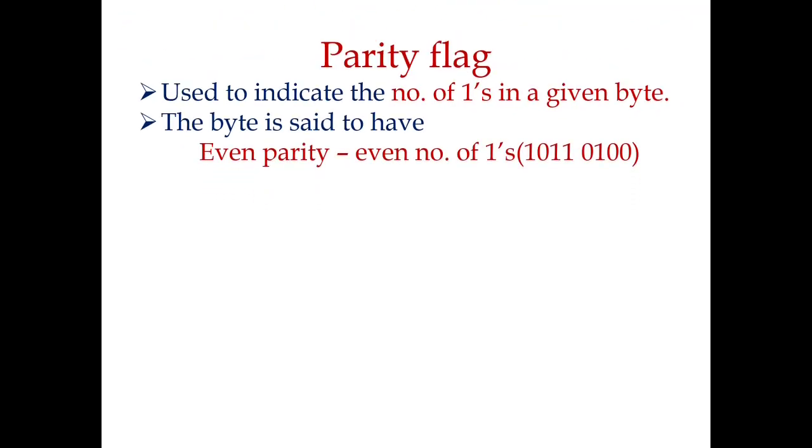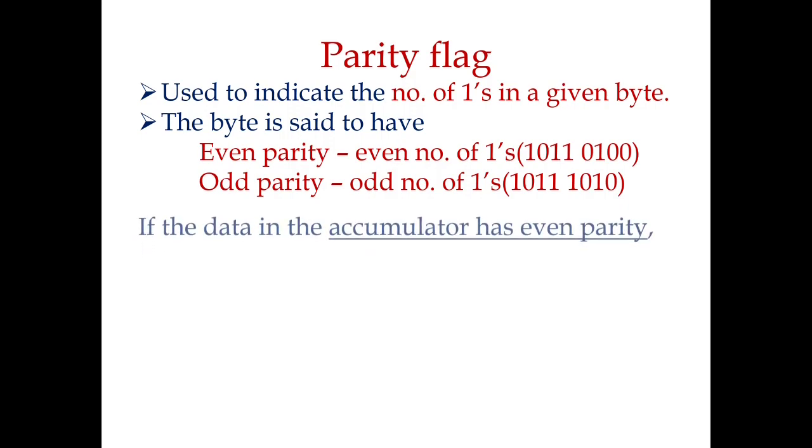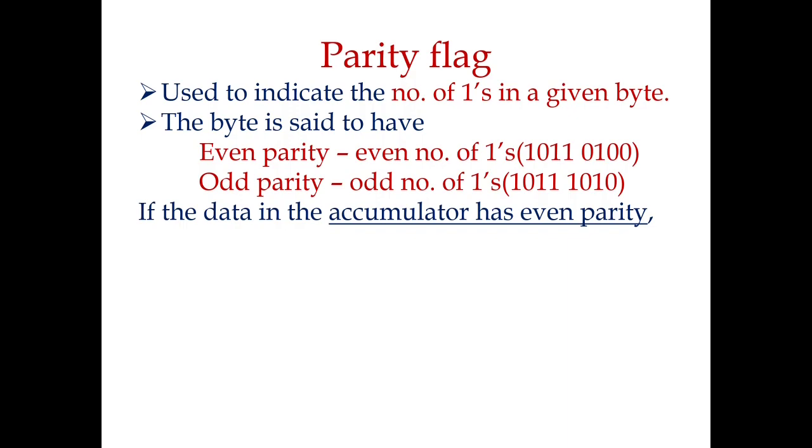A byte is said to have even parity if it contains an even number of ones. Look at the byte given in that bracket. That byte has 4 ones, so it is said to have even parity. The byte is said to have odd parity if it has an odd number of ones. See, the byte given in the bracket contains 5 ones, so it is said to possess odd parity.